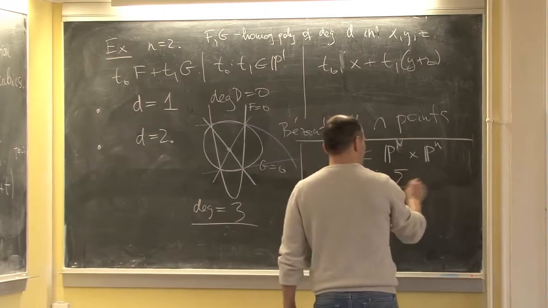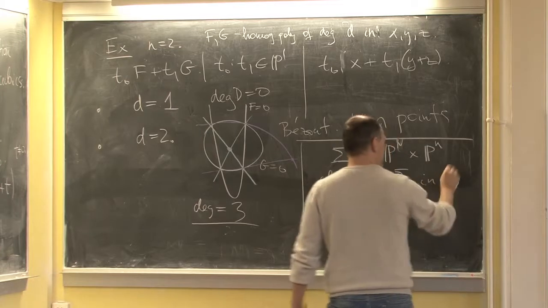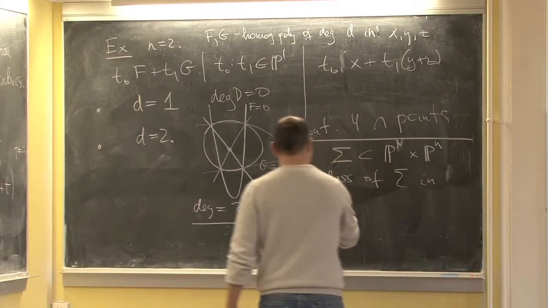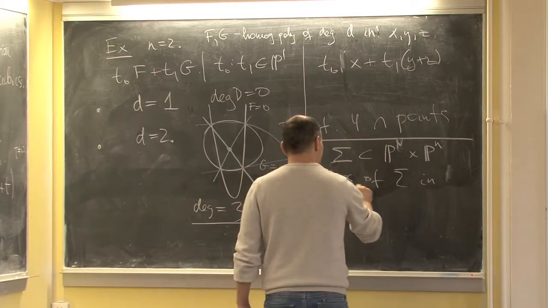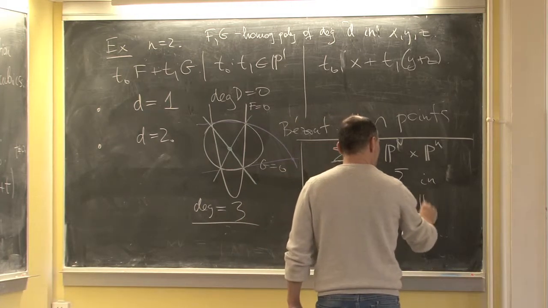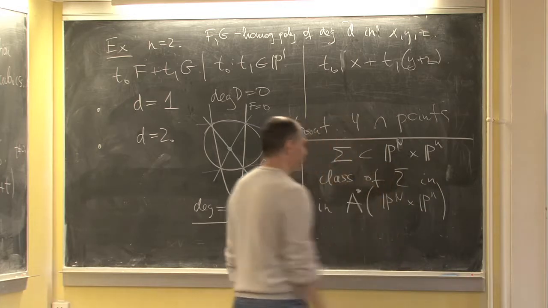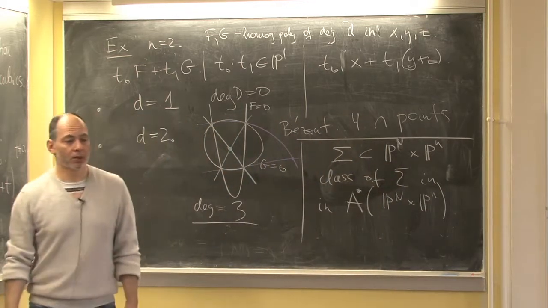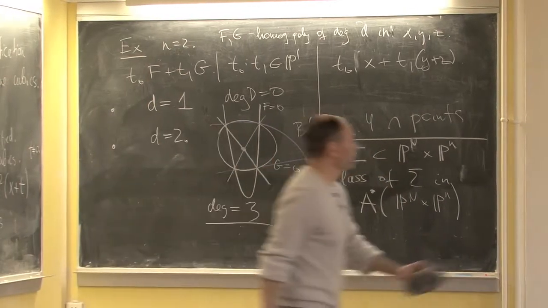Just in the Chow group of Pn cross Pn. So actually, it's fairly easy.